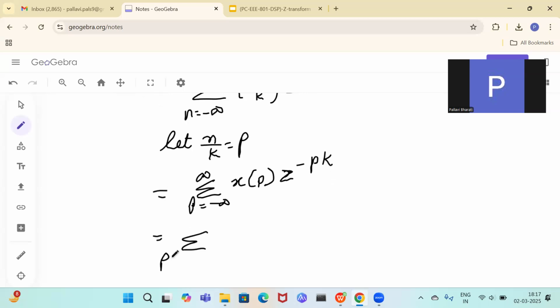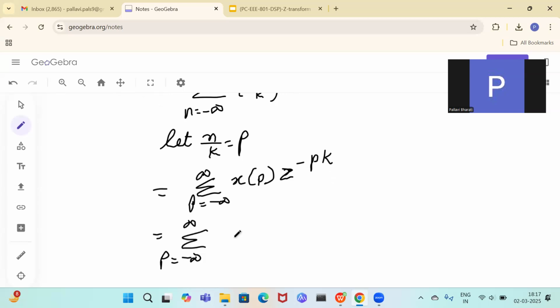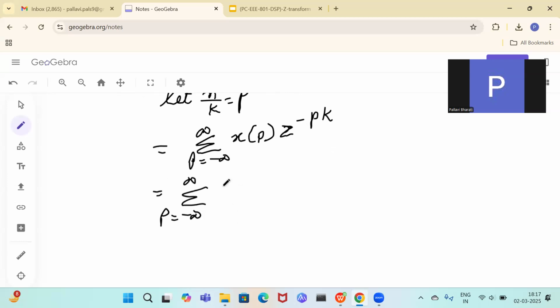Now, one step more: the sum over p from minus infinity to infinity of x of p, z to the power minus pk. You can write it as x of p times z to the power k, whole raised to the power minus p, because the definition of the Z transform says that it is minus n.